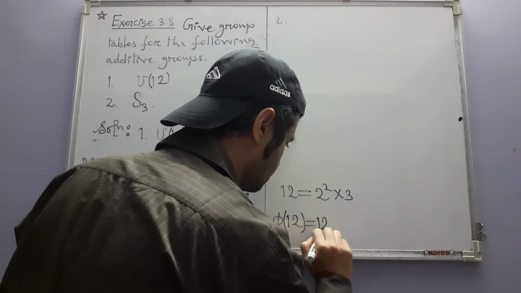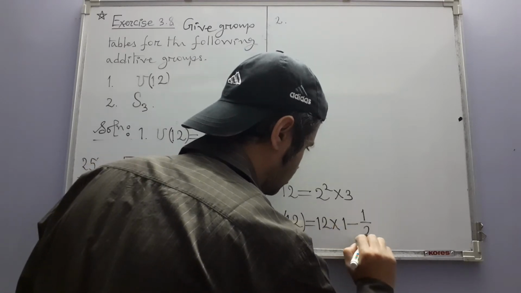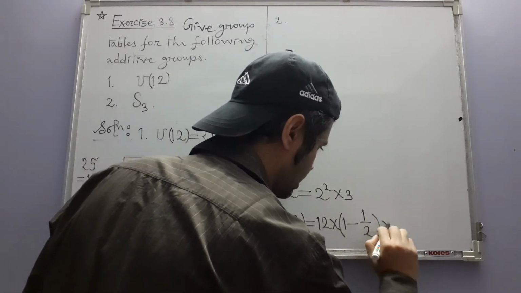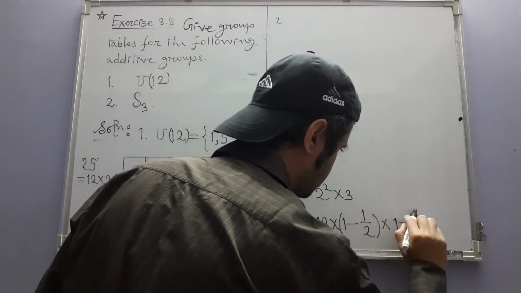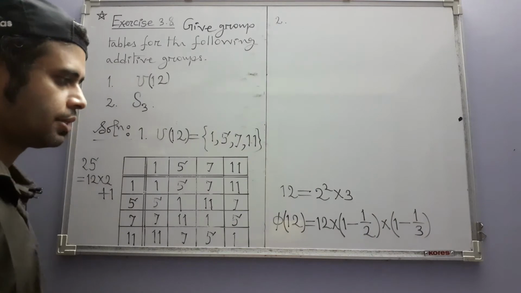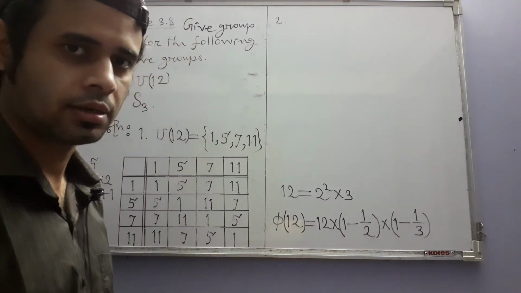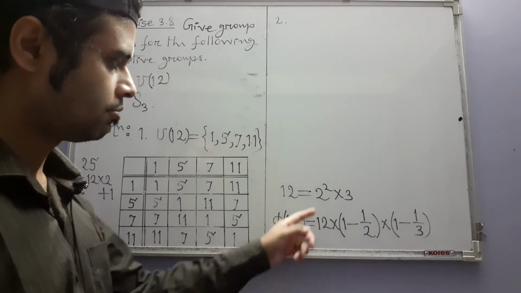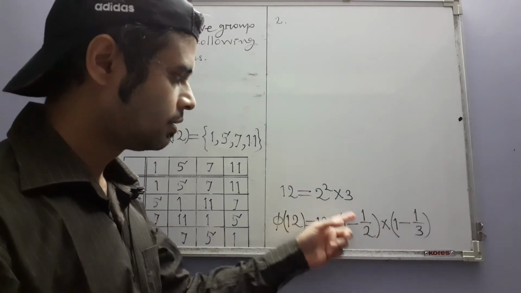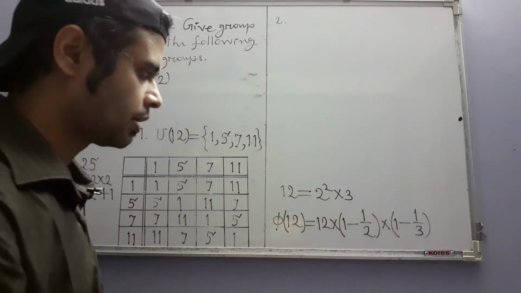What you do, you calculate this thing, that is, you multiply the given integer by these other numbers. For this 2 we have this factor, for this 3 we have this factor.